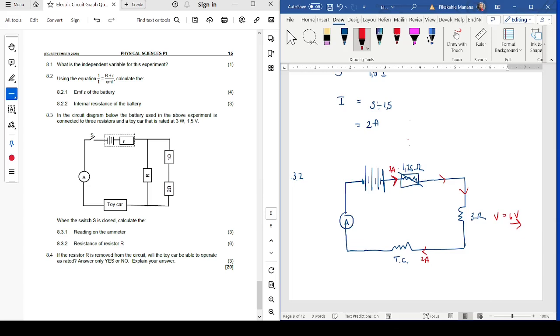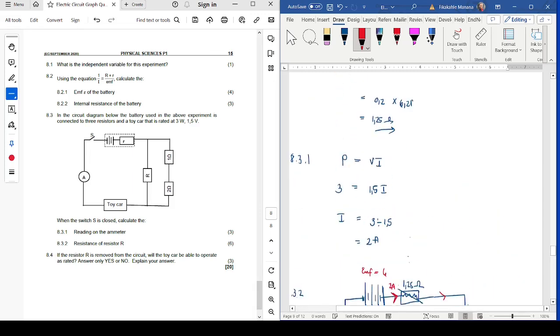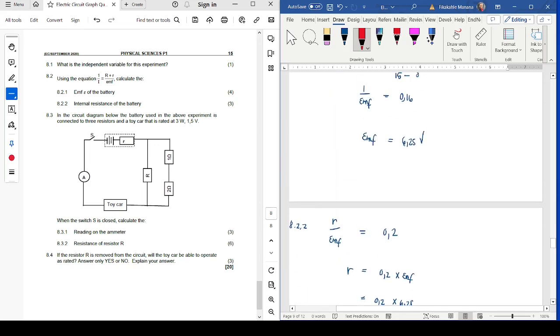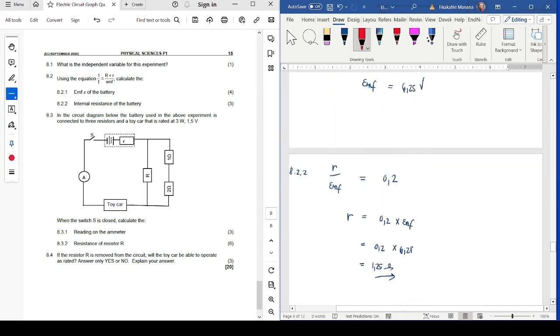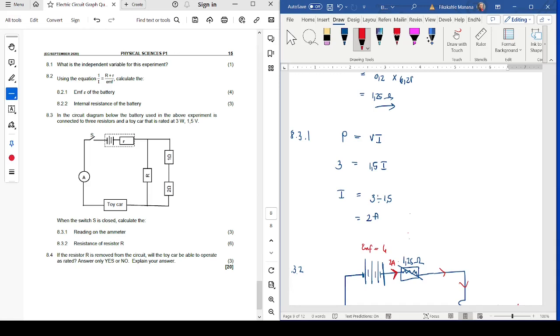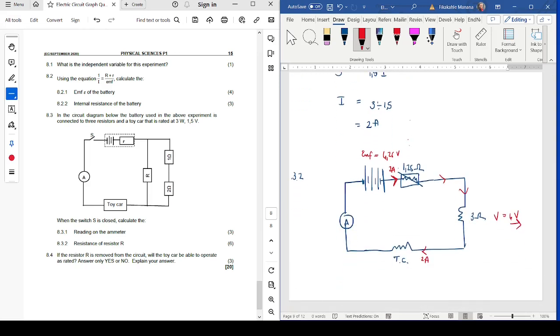And remember, our EMF is equal to 6,25 volt. And we said here the voltage is 1,5.